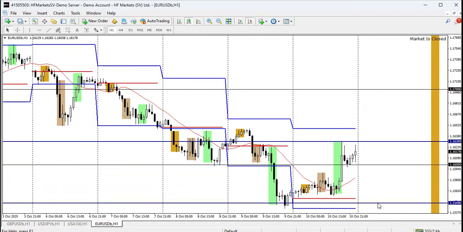I'm not predicting, I just think we may have this. Of course, there's this closing price here, another closing price here, and this line. These are very strong zones.